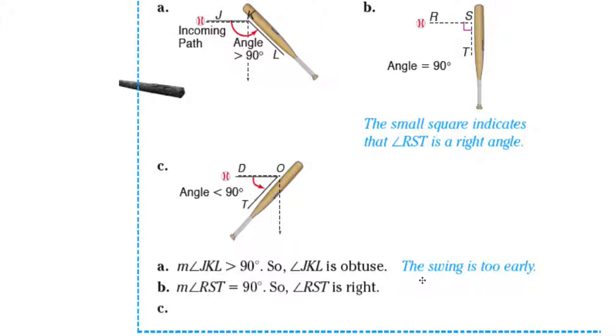And finally, the last part right here. A late swing. The measure of angle DOT is less than 90 degrees, so angle DOT is acute, the swing is too late.